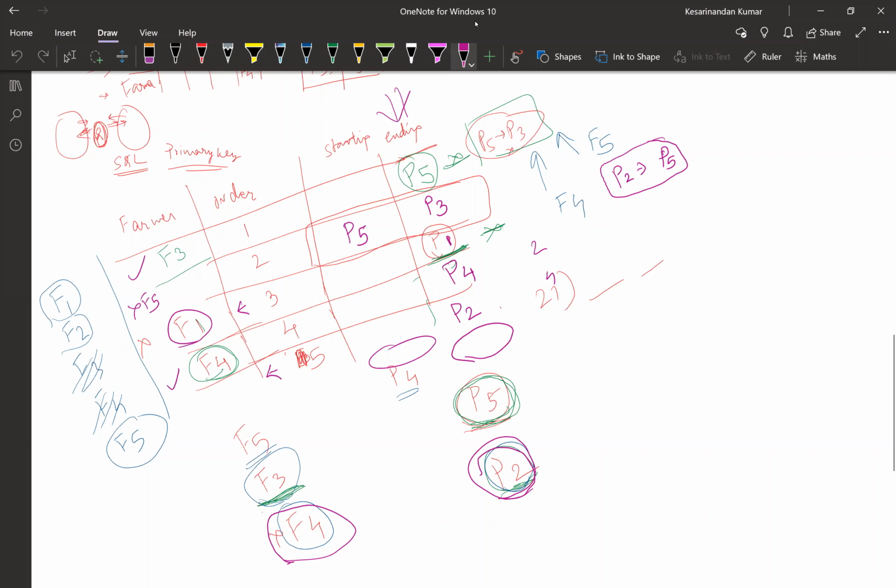Remember the hint of P2 to P5? Do we have P5 as the ending region somewhere? First one. Exactly. So can we place P2 there? Yes, Kesari. And how did we arrive at P2 to P5?